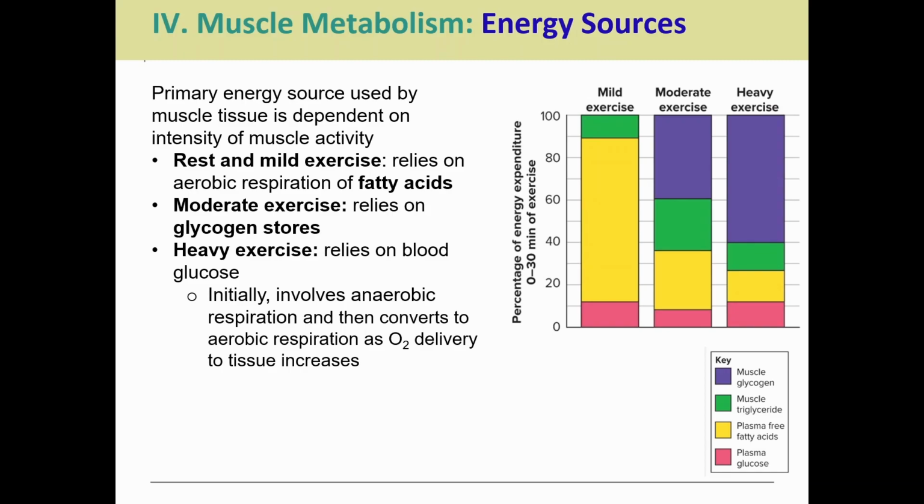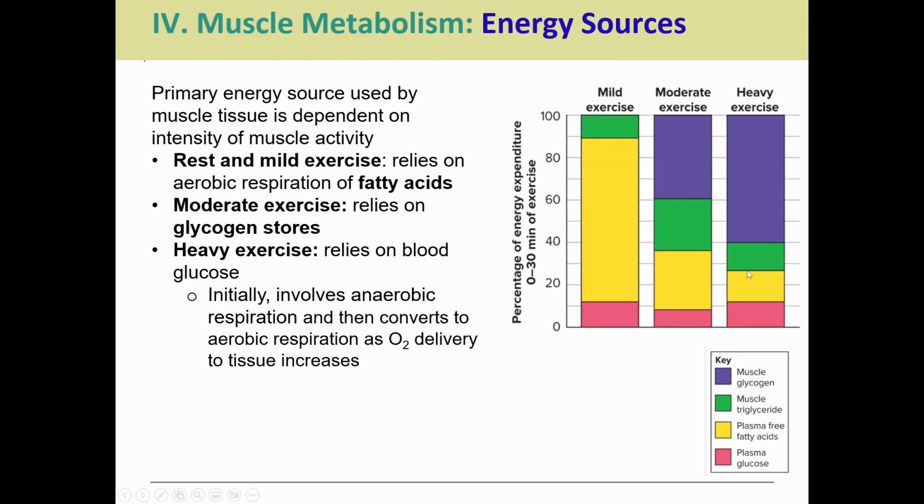As we increase the intensity of the exercise, though, we then start to use glycogen stores in the muscle. That becomes the main thing. With a higher percentage of muscle triglycerides, we see a huge drop in the plasma fatty acids as well as plasma glucose. And then heavy exercise, this is where we're relying on the glycogen in the muscles primarily.